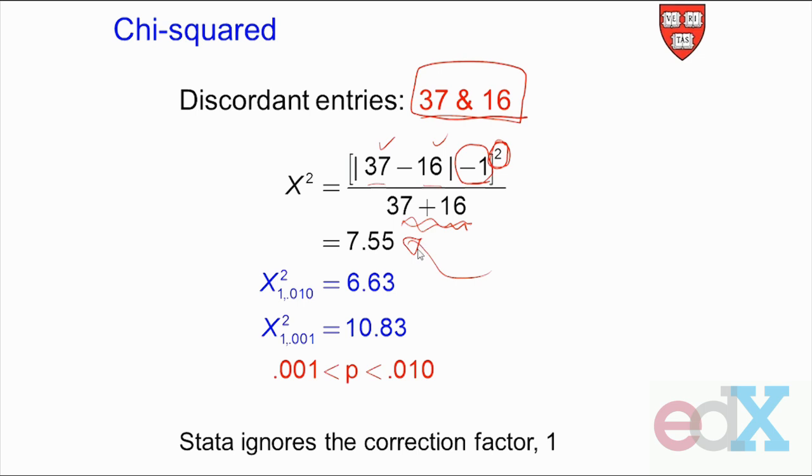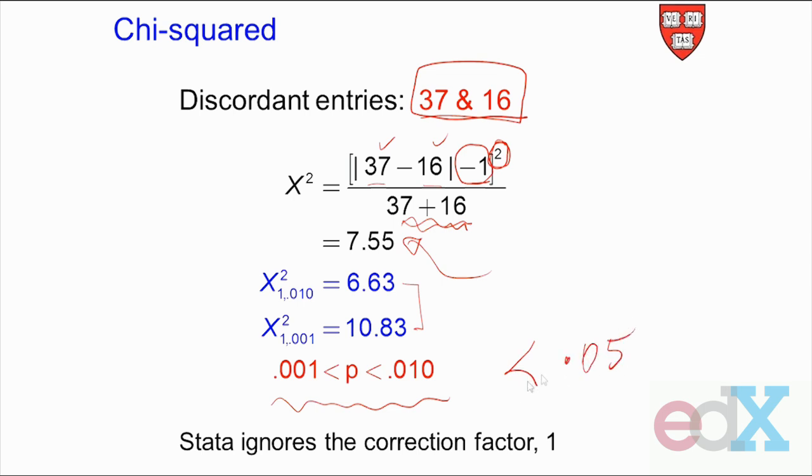And if we look at a chi-squared with 1 degree of freedom, so compare this with the chi-squared with 1 degree of freedom, what we see is that the p-value is going to be between 0.001 and 0.01. The p-value is certainly less than 0.05. So it's less than 0.05.